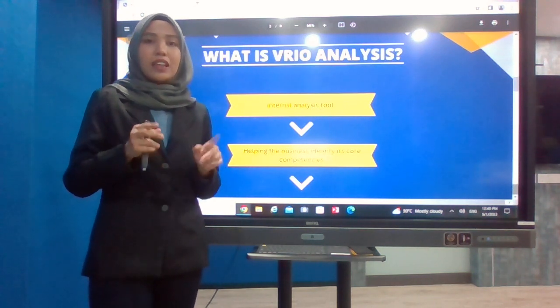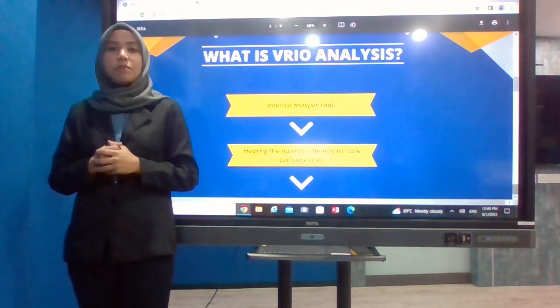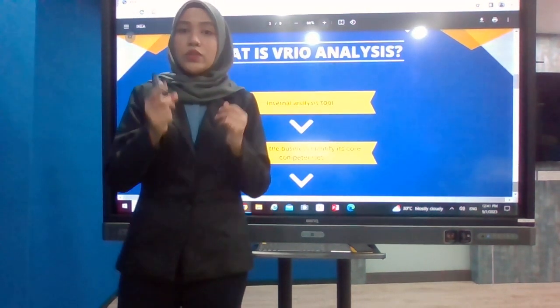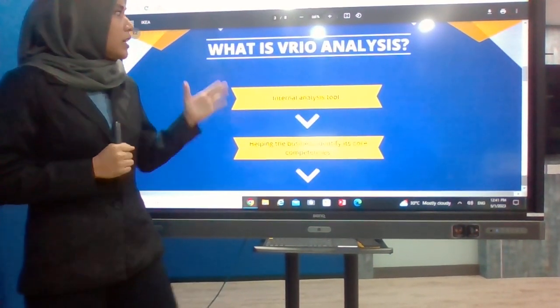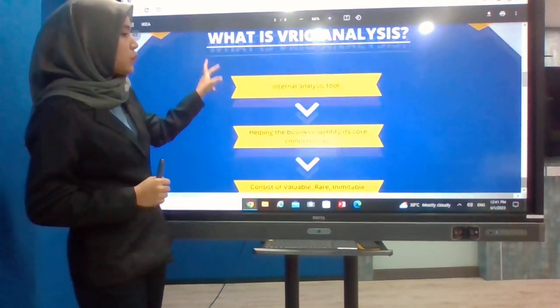This categorization then allows organizations to identify the company resources that provide a competitive advantage. It consists of value, rarity, imitability, and organization.